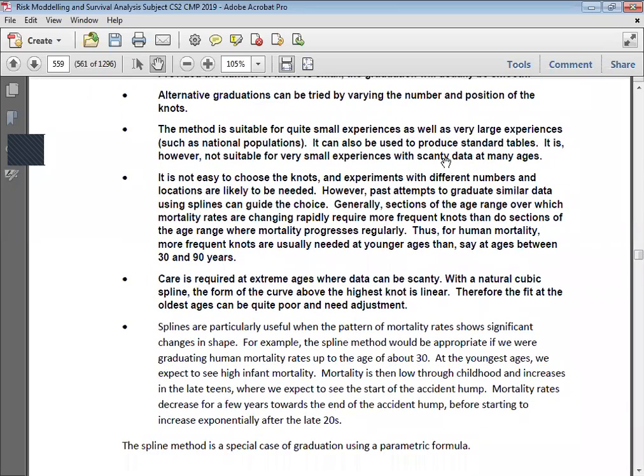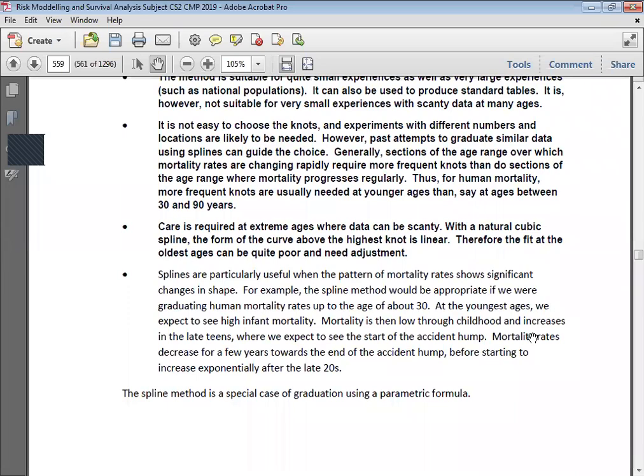We have already seen an example: ELT something was produced using this spline technique. And yes, it is definitely not easy to choose how many knots you need and where you should place them. But that is more of a judgment. If you see that there is more defined and expected variation in some age ranges, put more knots over there, and put fewer knots over the other age ranges where you expect the curve to follow a similar pattern.